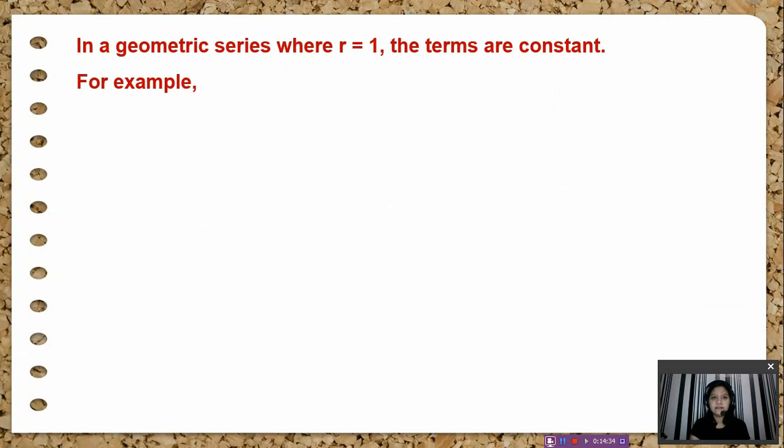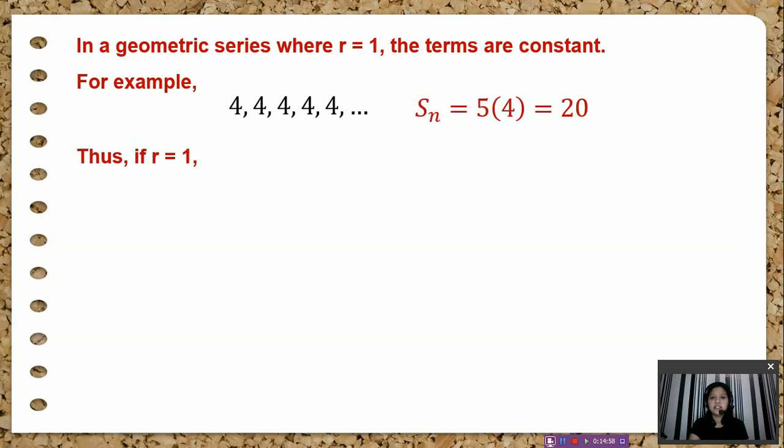What if we have a geometric series where r is equal to 1? That means the terms in the geometric series are constant. For example, 4, 4, 4, 4, 4. The sum of the geometric sequence is 5 times 4, which is equal to 20.